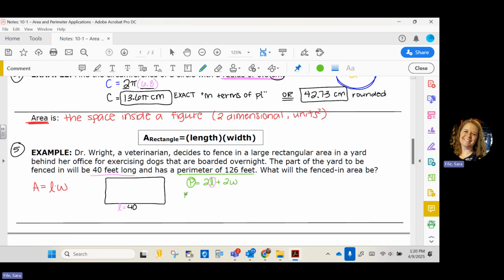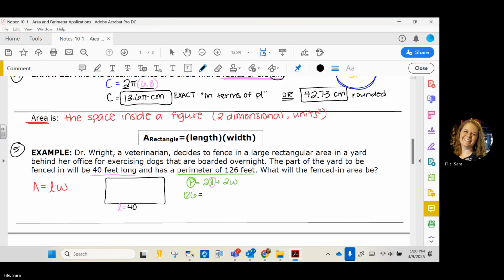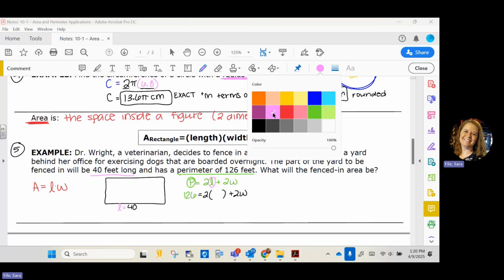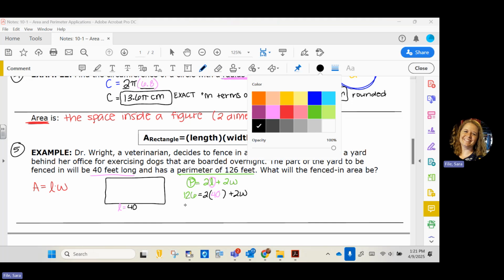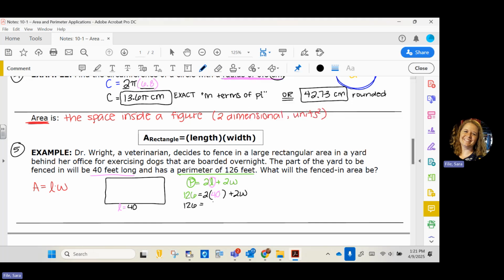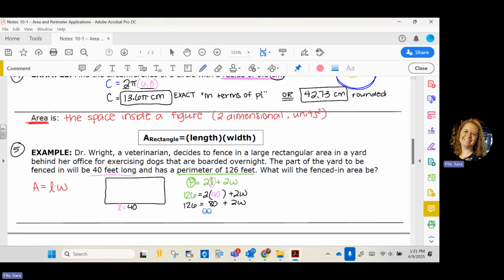So the perimeter is 126. The length is 40, and I don't know W. That's what I'm trying to solve for. So this becomes 126 equals 80 plus 2W. Then I need to move that 80 to the other side.